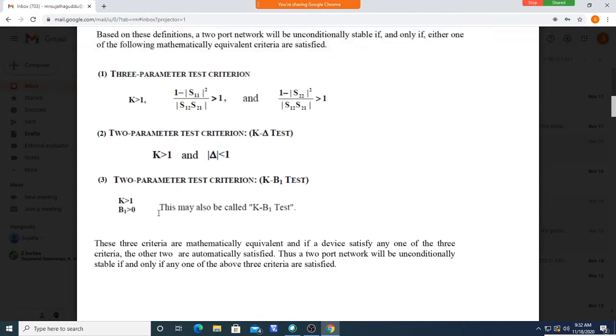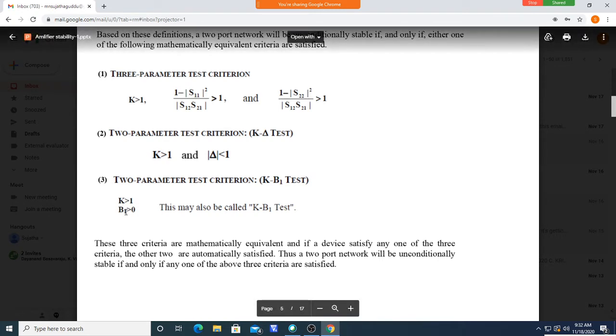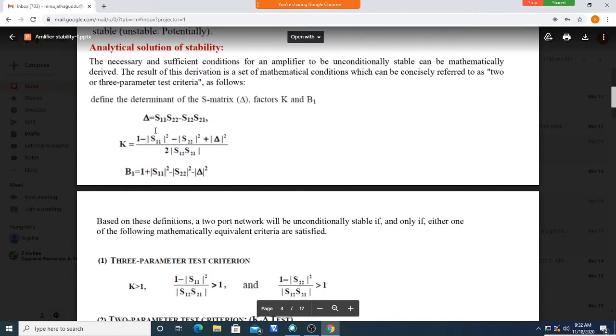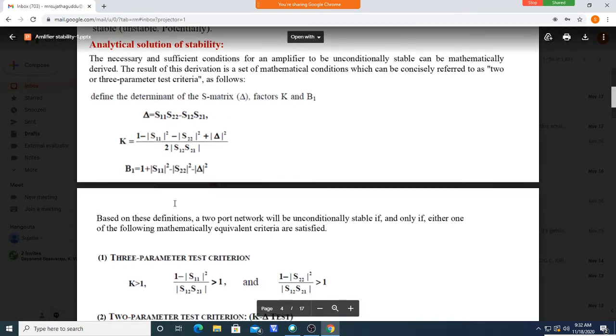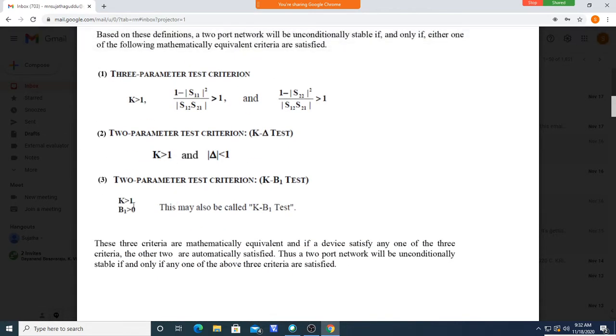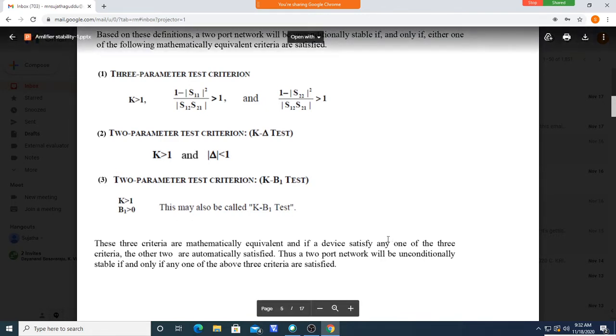But if you are using k and b1, both must be greater, and you need not calculate delta. If you calculate b1 and k, you need not do that calculation. If k is greater than 1 and b1 is greater than 0, that is a stable operation. Any one of these must be satisfied. You can do this, or this, or this.